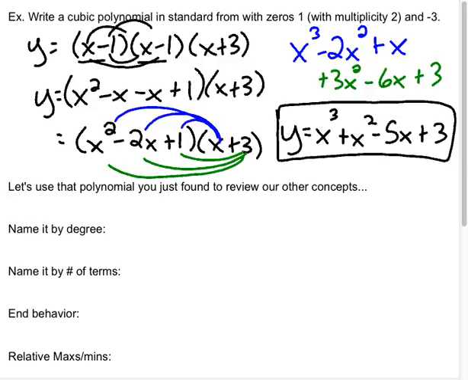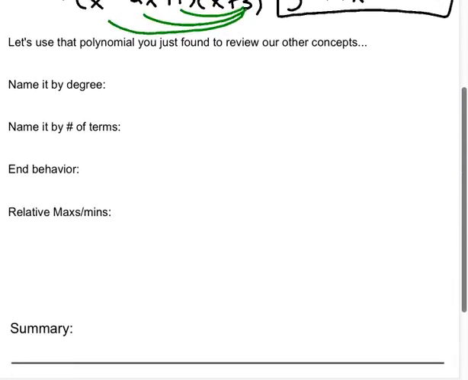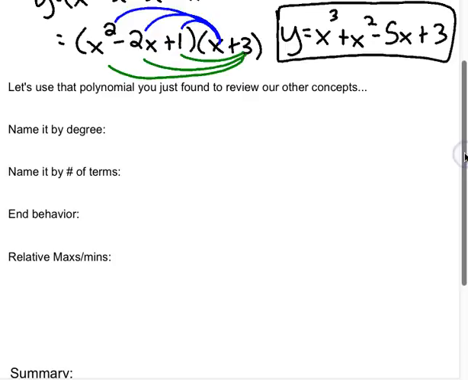All right, so let's start putting all of this together, okay? So let's start looking at what does this mean. So actually, let me scoot this up because we're going to use that polynomial to have a conversation about some of these other aspects, okay? So let's name this polynomial based on its degree. Well, it's degree 3, so this polynomial is a cubic. Its number of terms, 1, 2, 3, 4. It has 4 terms.